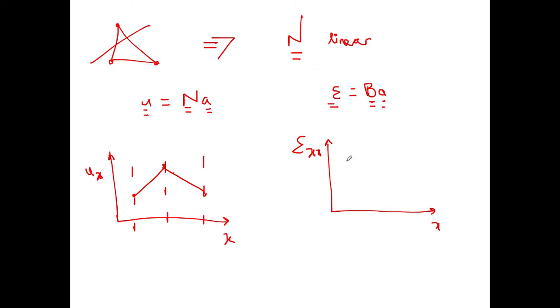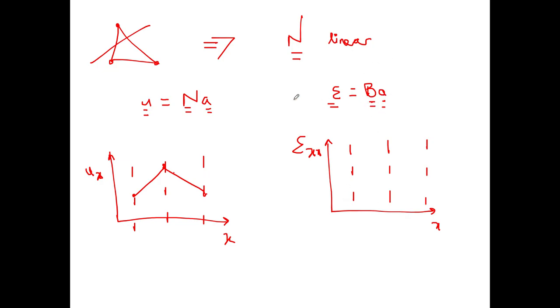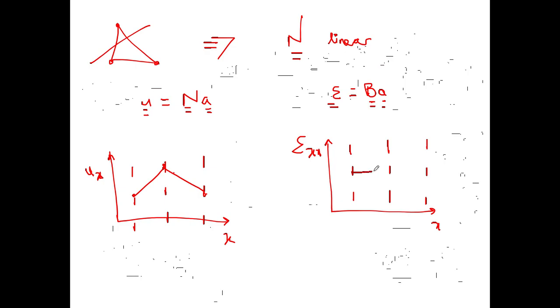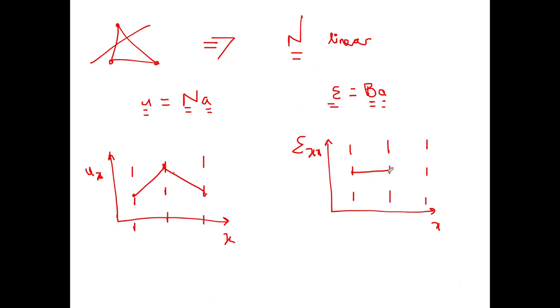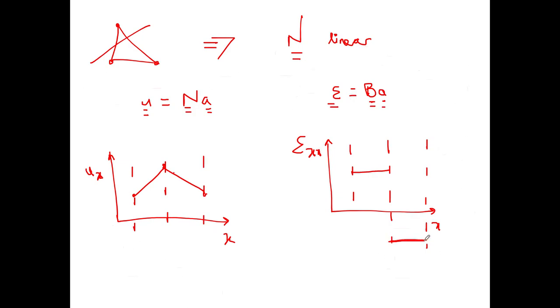Again against x, for these same elements, then I know that I will get derivatives of those shape functions which are constants. So I can see actually even just from my ux graph that here I have a constant value for the strain in this element, and then in this element I will have a different constant value of the strain, and there is a discontinuity or a jump over the element boundaries, right?